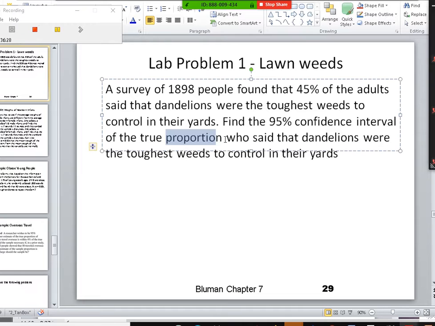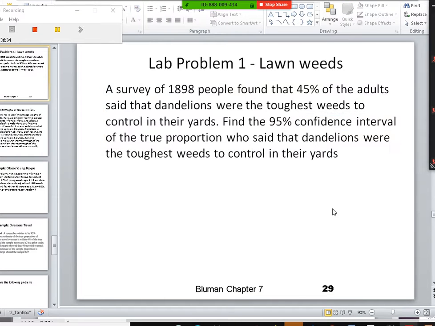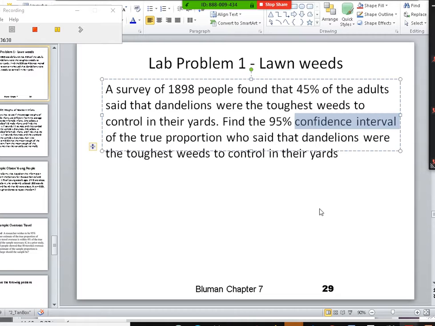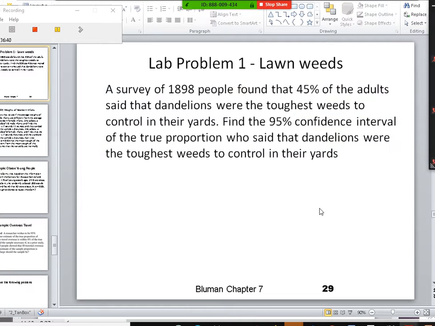Proportion, yep. So it's going to be a Z distribution, and it is a confidence interval. Good. You guys see the confidence interval part here? That's how you know it's a confidence interval. And also you have a percentage here, and again, no mean or average.